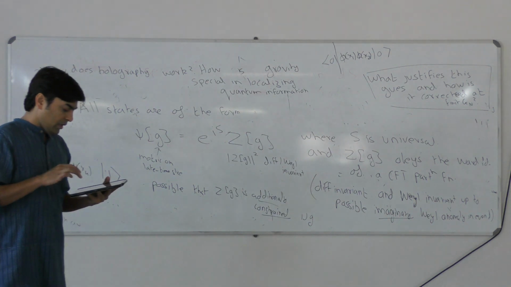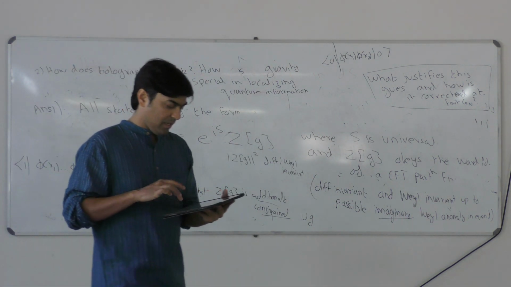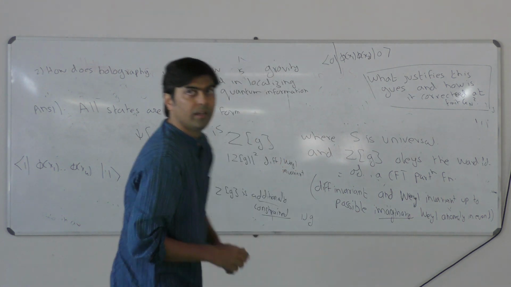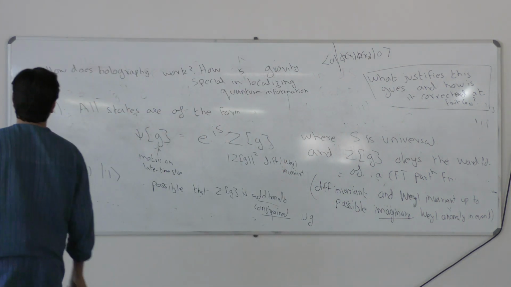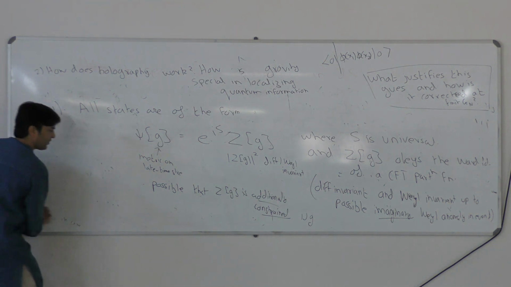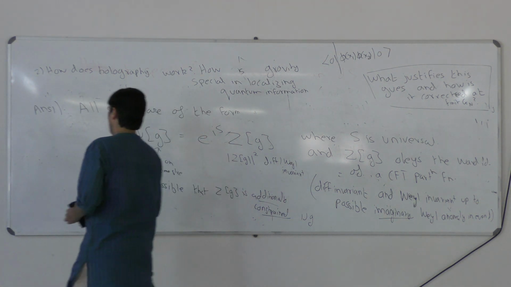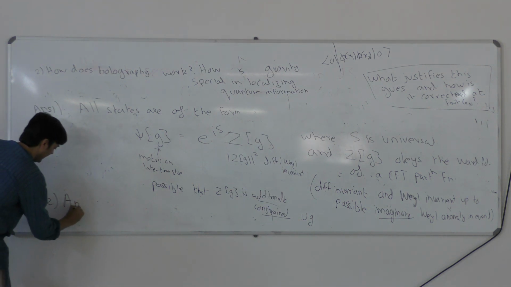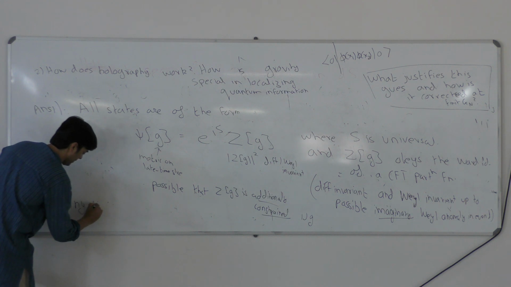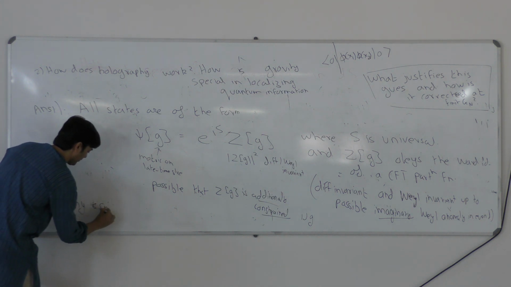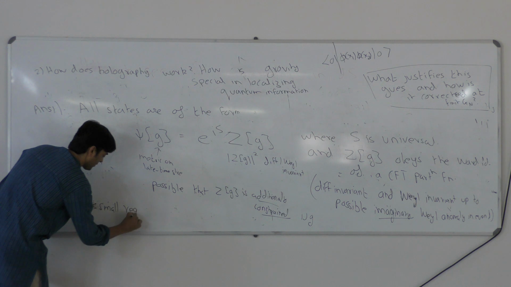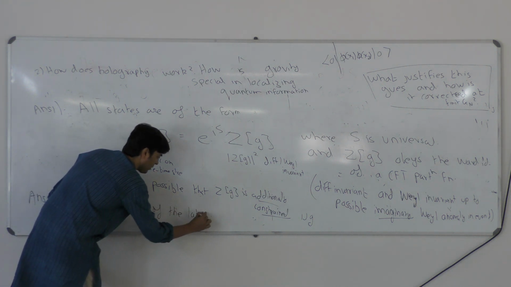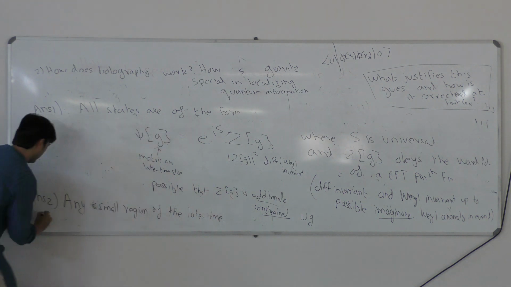Okay, good. So that's the first answer. What is the answer from holography? The second part of the proposal. So this is answer 1. What's answer 2? Answer 2 is that any small region of this late time slice has information about the whole.